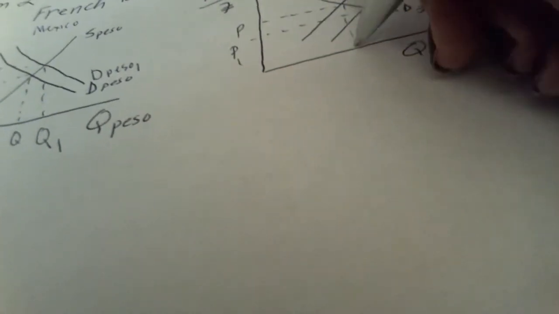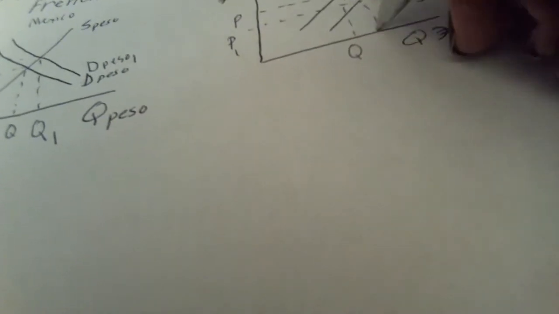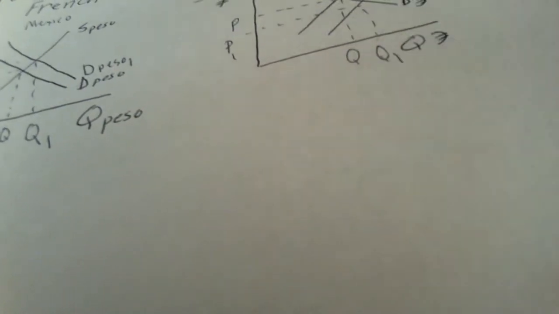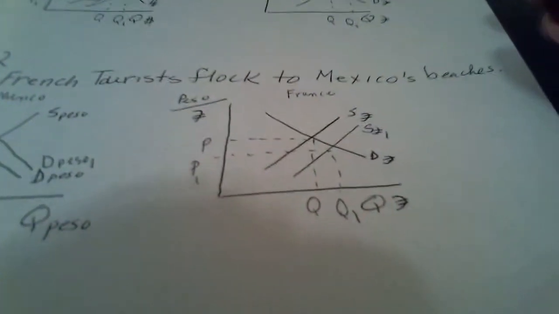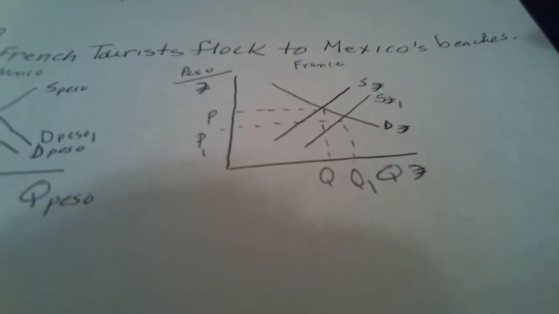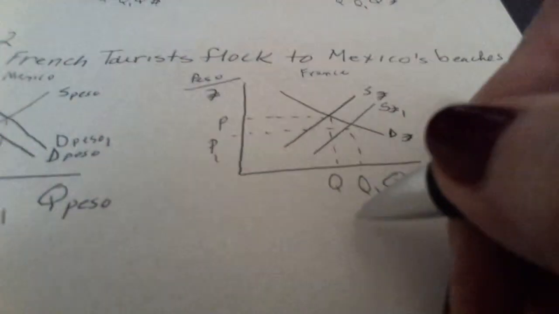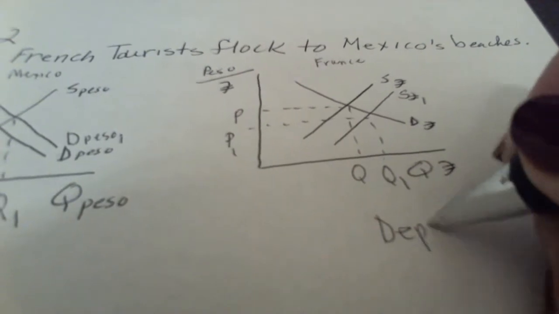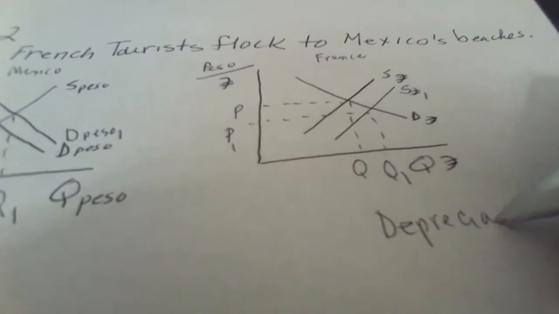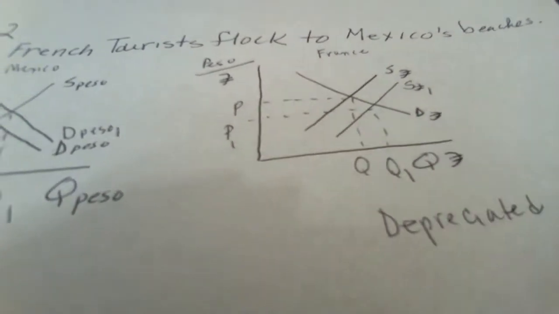And when the price of euros goes down and the quantity of euros is going to go up, what has occurred? If you say that it depreciated, you are correct. The peso appreciated.